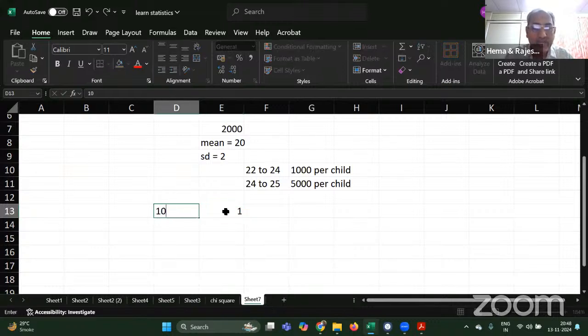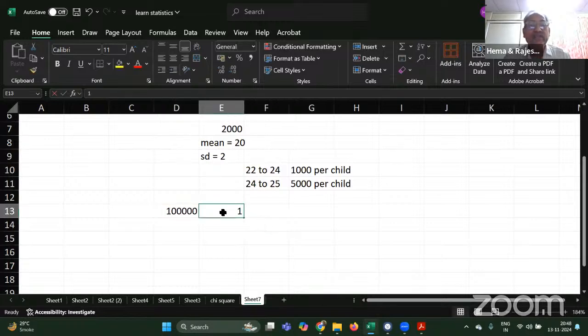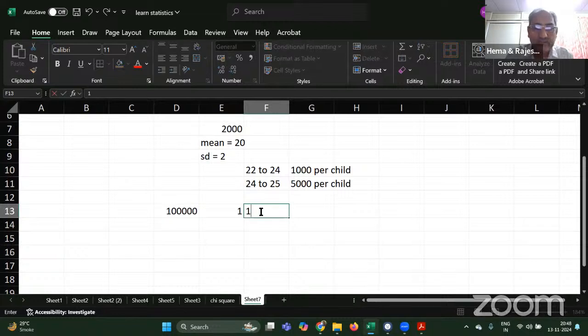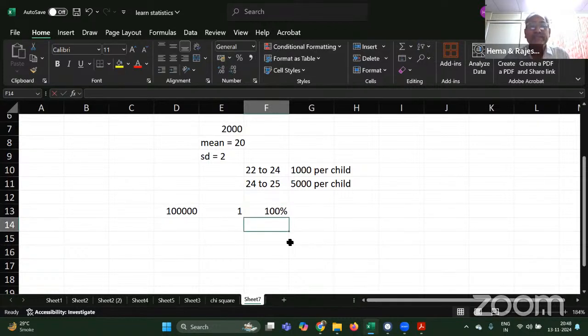Suppose you have a population of 1 lakh, then the area under the curve is 1. One is equal to 1 lakh, or equal to 100%. So when you use probability, you can use either 1 or 100% to calculate. If 100% is 1 lakh, then how much is 50%?